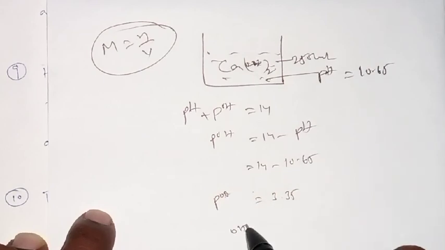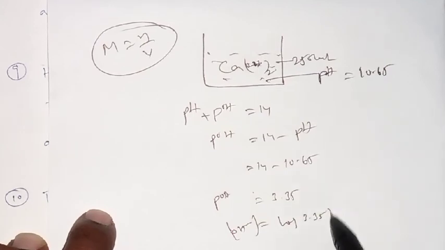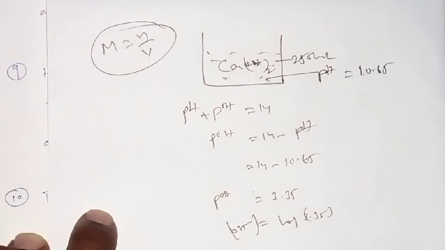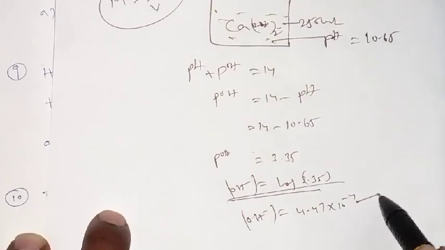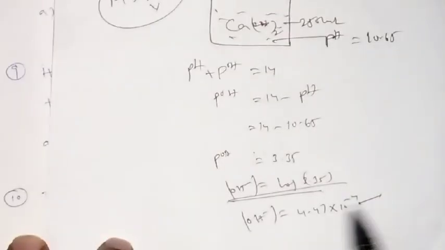Then OH minus concentration equal to antilog of 3.35. Is it clear? If you simplify this, OH minus is equal to 4.47 into 10 power minus 4. So just check the value, you will get this one. Now in the entire solution, this is the OH minus concentration.